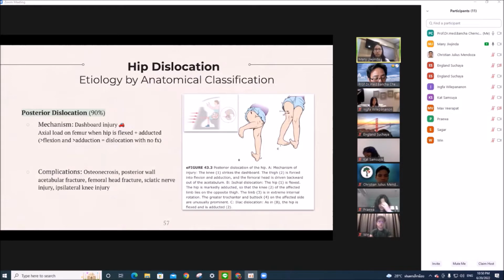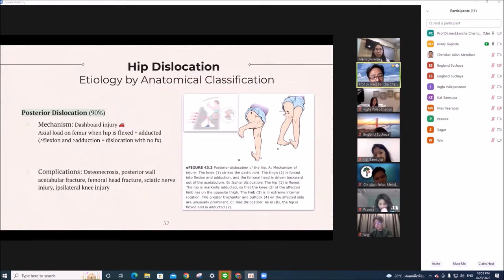If your car crashes, there's a direct axial load on the femur, and you can tell from the picture that with the way the force is going, it's very easy for the ball to fall out of the socket. The key thing to know is that the more flexed or adducted your knee is, the less severe your injury is going to be, with less chance of fracture. I think that might just be because it's super close.